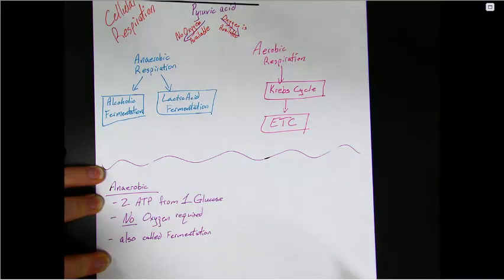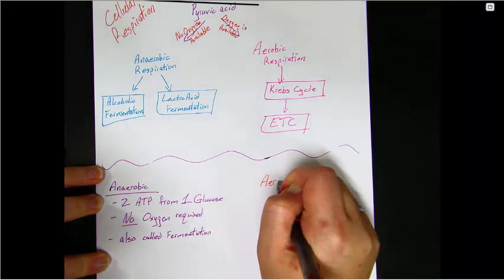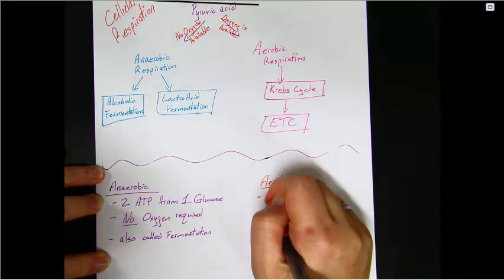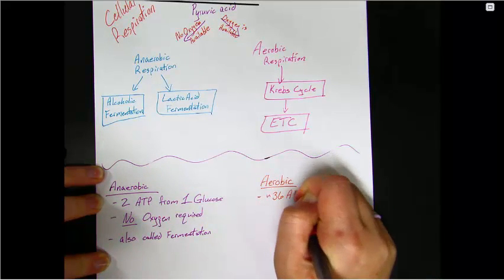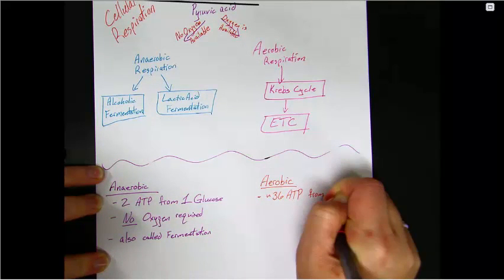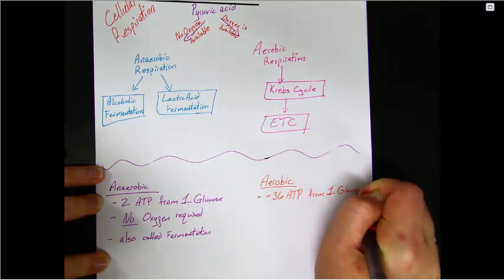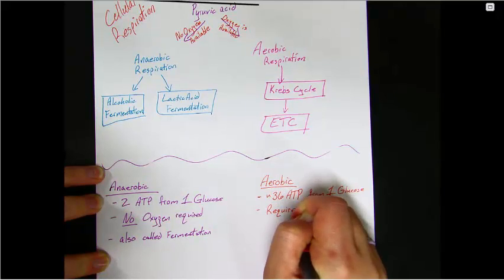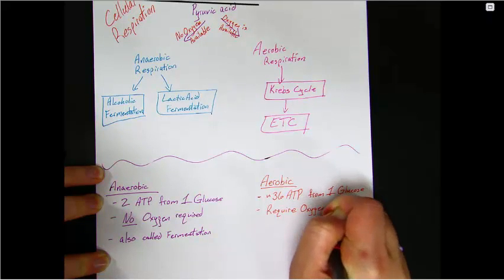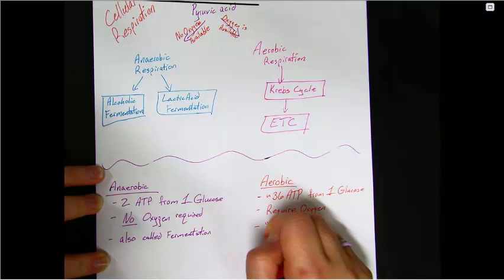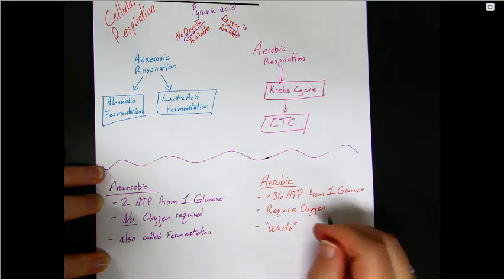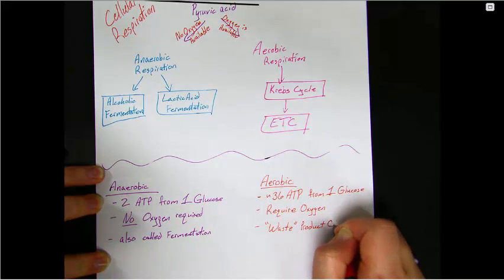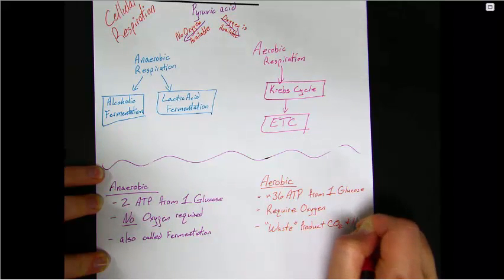And if oxygen is present and we have aerobic cellular respiration, we're producing a whole lot more ATP. In fact, it's approximately 36 ATP from 1 glucose. This does require oxygen. However, the waste product from this particular process would be carbon dioxide and water, so H2O.